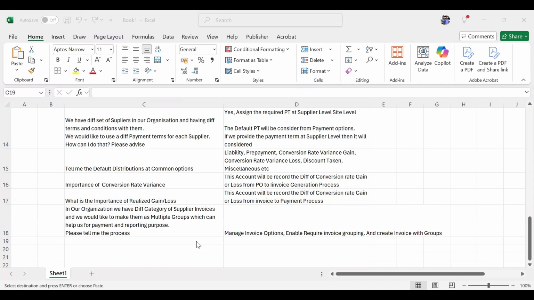We can create a pay group at supplier level and at invoice level, and the same can be used for PPR, but that is a different process. You can create multiple groups for multiple invoices and multiple suppliers' invoices.